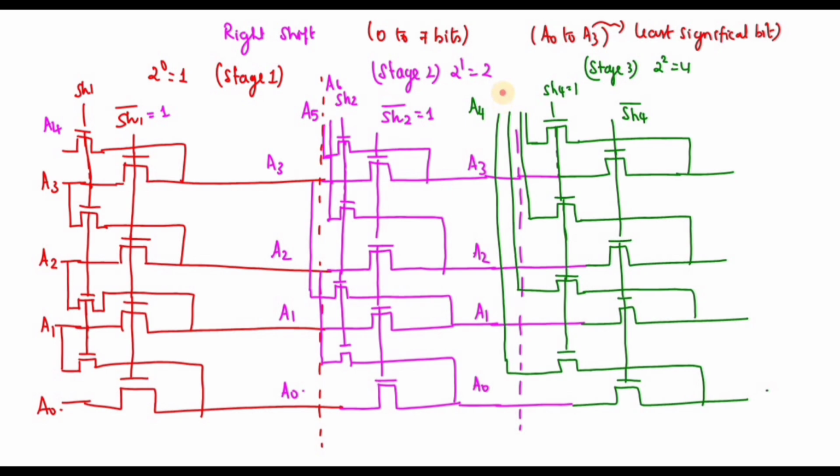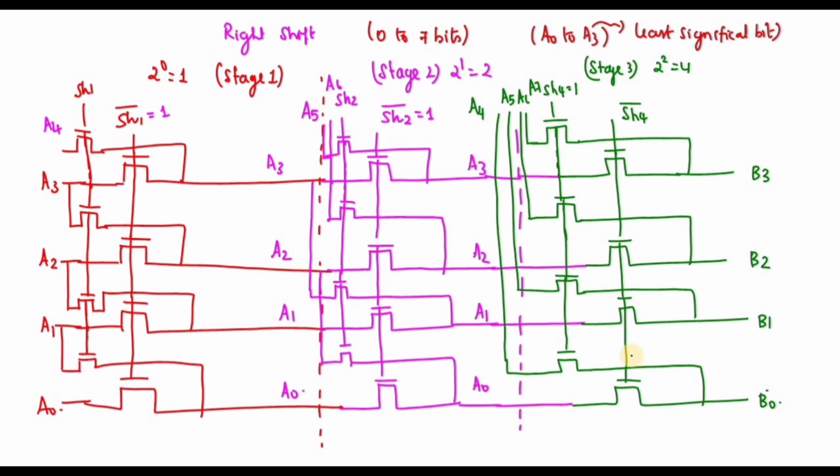This must be A5 value, and this is A6 and this is A7. Okay, so the output I can represent as B3, B2, B1 and B0.